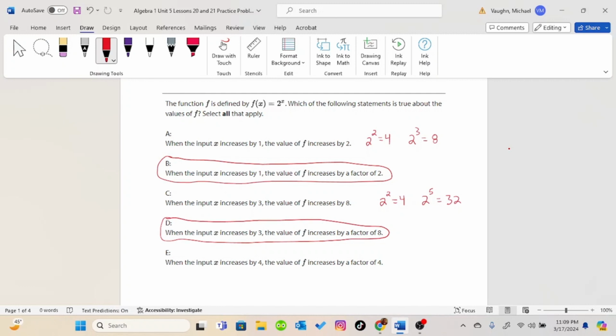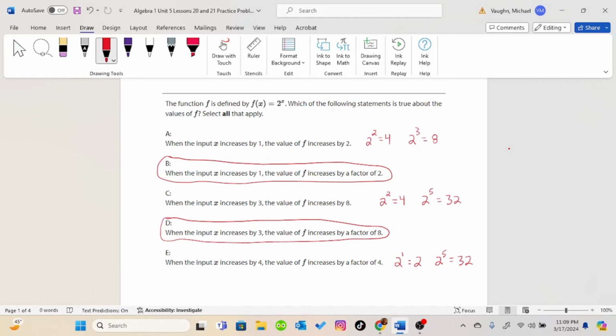And E says when the input x increases by 4, the value of f increases by a factor of 4. So we can try that. 2 to the power of 1 equals 2. 2 to the power of 5 equals 32.